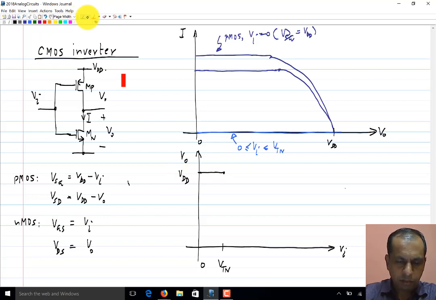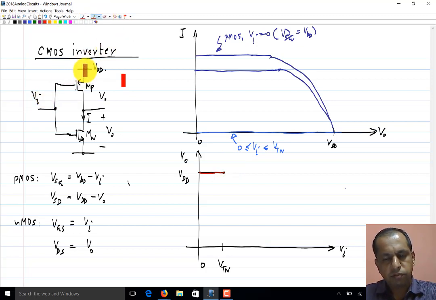Now let's start from the other side. Let me start with Vi being VDD. Then the source gate voltage of the PMOS transistor is 0, so the transistor is off. And we expect that the output voltage will be equal to ground, because the drain source voltage of the NMOS transistor has to be 0 when it is on.